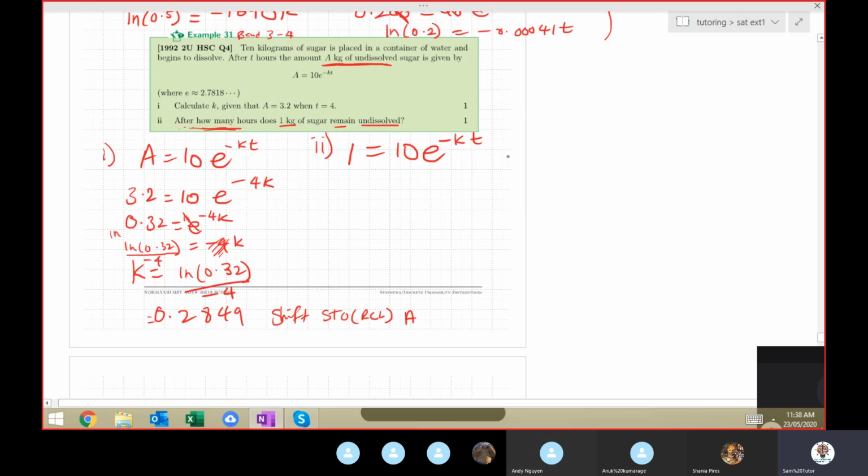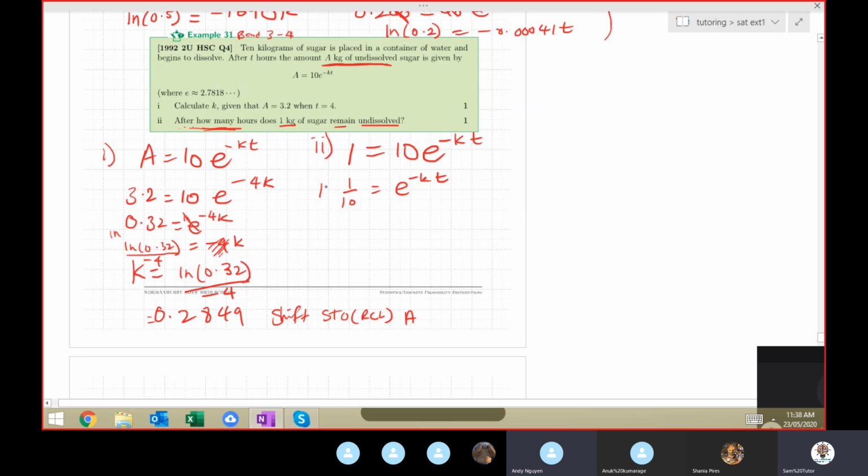All right, let's do it. What's the first thing you get rid of? The 10e. Oh, we can't do 10e, just the 10. So how do I get rid of the 10? You divide it. Yeah, exactly what we just did. 1 on 10, which is 0.1. Now how do I get rid of e?